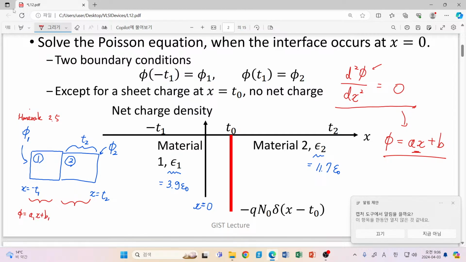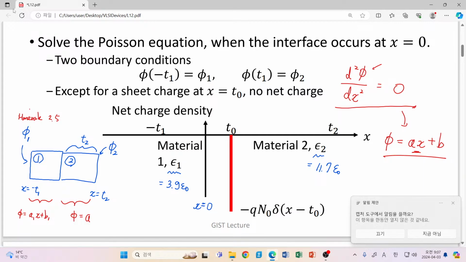A and b are unknown parameters, assigned to each region, and also a sub 2 x plus b sub 2. When you take the second derivative of this function, it goes away, so they are really the solutions of a Laplace equation.